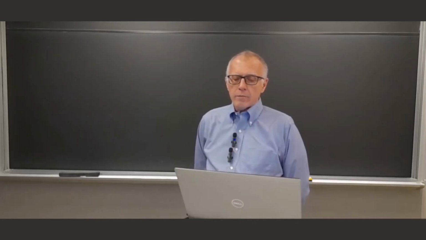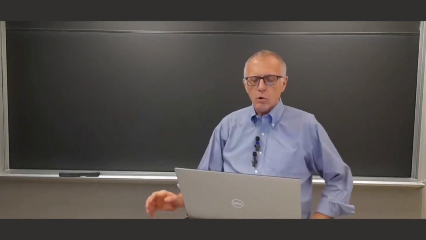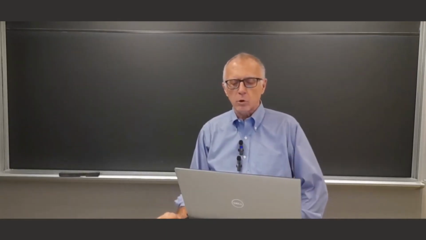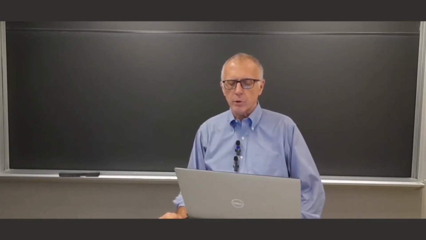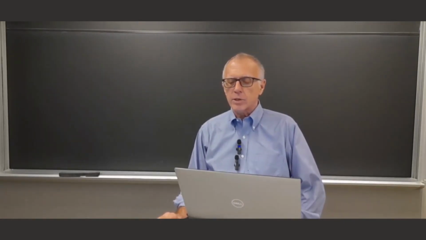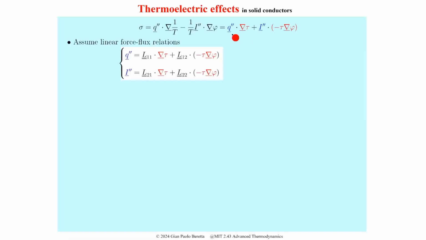You'll see in a moment why I suggest that when you do this, you always start from this entropic point of view, because that's the only safe place in which you can apply Onsager relations without making too many mistakes. All right. So the next step, remember, this is the extrinsic relation. It doesn't contain any feature yet of your material.